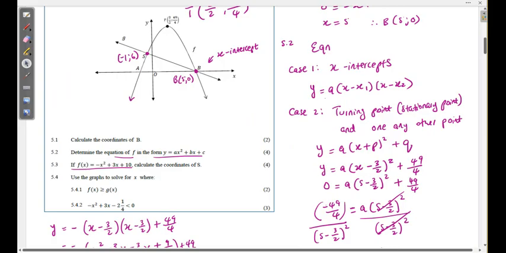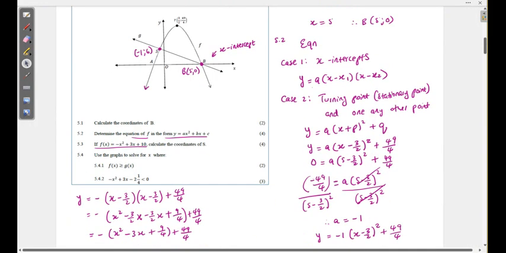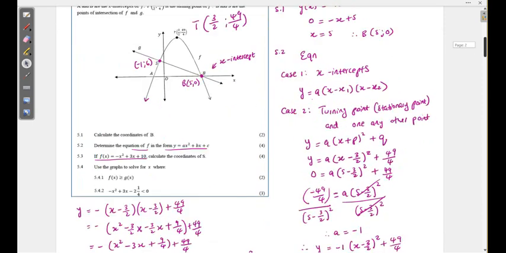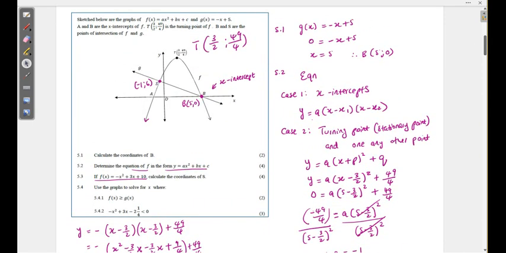Now there comes the last part, which always talks about mapping, or rather locating, or rather interpreting. Use the graph to solve for x where f is greater than or equal to g. So where is that? f is greater than or equal to g, meaning where f is above g. You understand me? And where is f above g here? Can we agree that from here all the way to here f is above g?